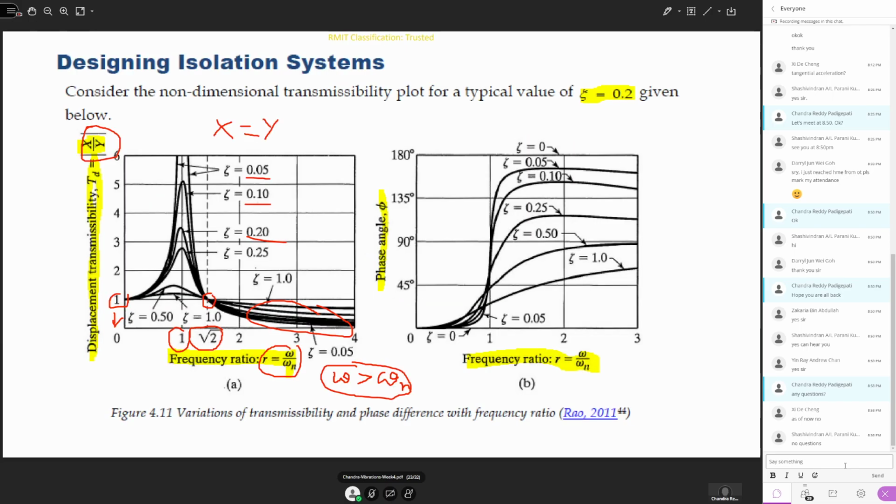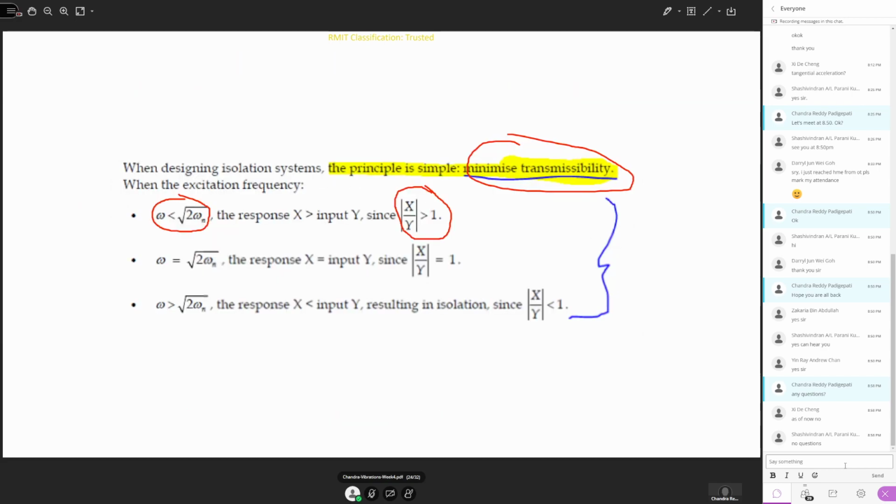For all values, x by y here is greater than 1, for different damping ratios, when omega is less than root 2 times omega n.